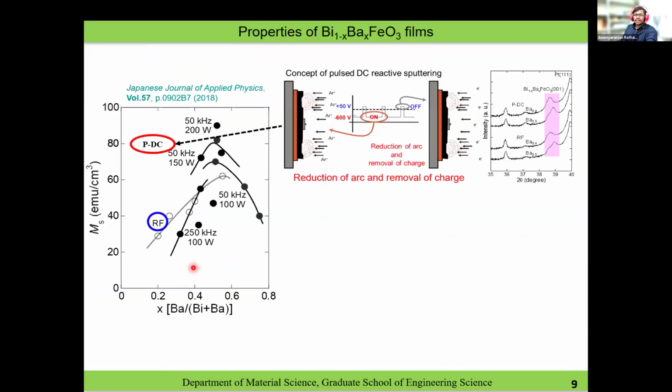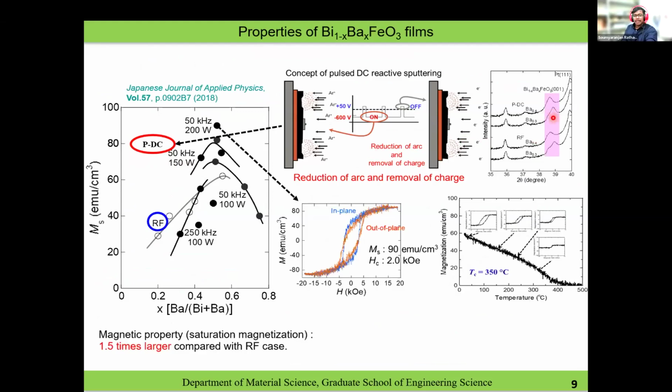So this is our fabrication technique, in which we give priority to the pulse DC sputtering method, because in the case of pulse DC, we have the evidence of how we are getting high crystallization. So I'm not going into detail on the fabrication technique. But the problem here: this is the first material we tried, using barium on the A side, and there is no element on the B side, but there is in-plane magnetic anisotropy.